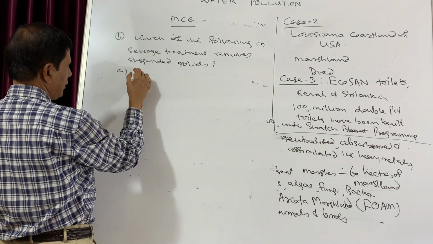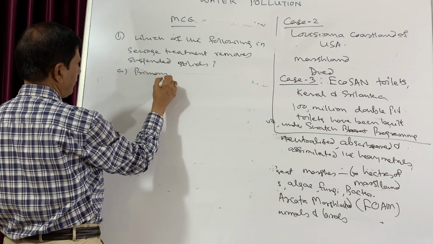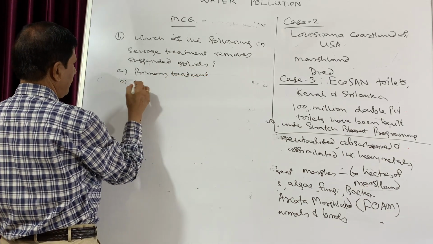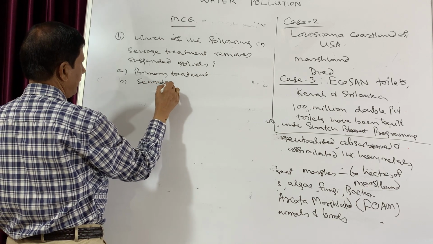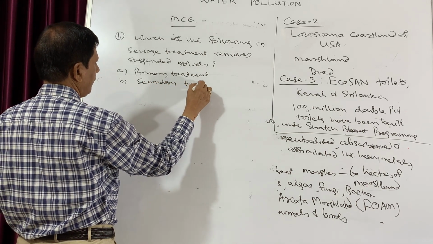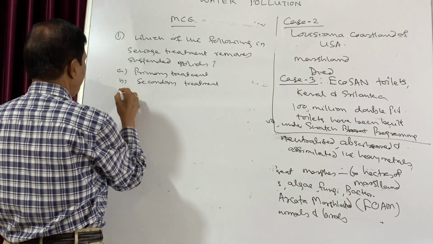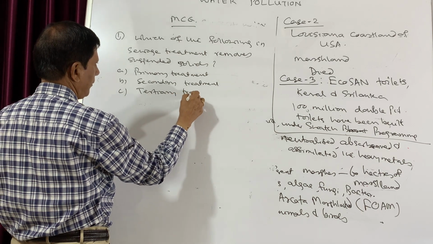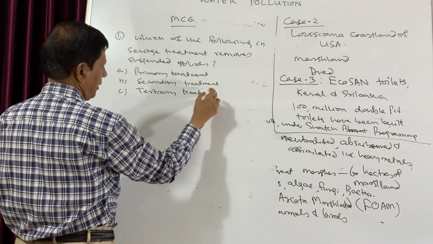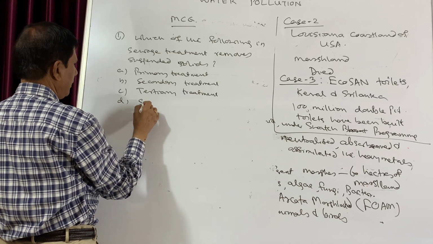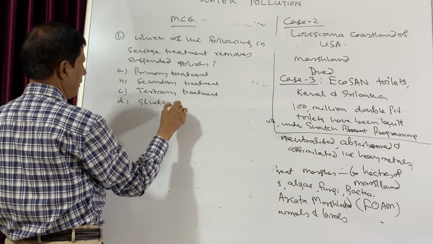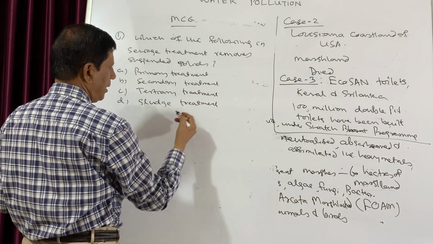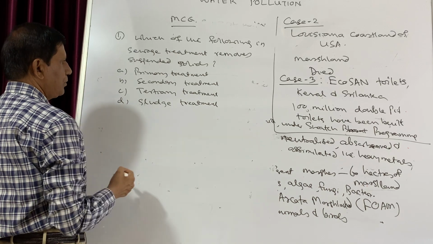First choice is primary treatment, second choice is secondary treatment, then tertiary treatment, and the fourth is the sludge treatment. So this is one question.